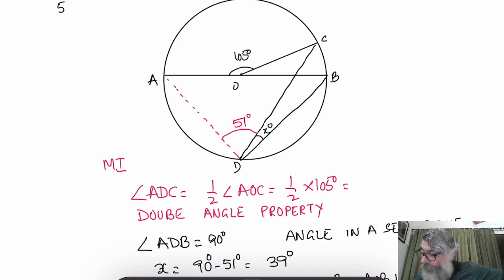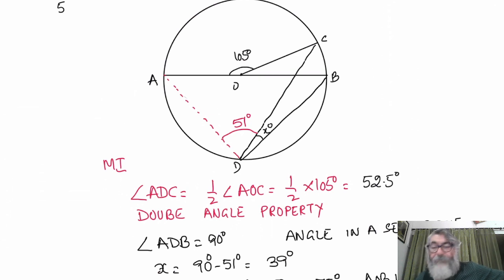If you divide 105 by 2, 2 5s are 10, 2 2s are 4, 2 5s are 10, it is 52.5.